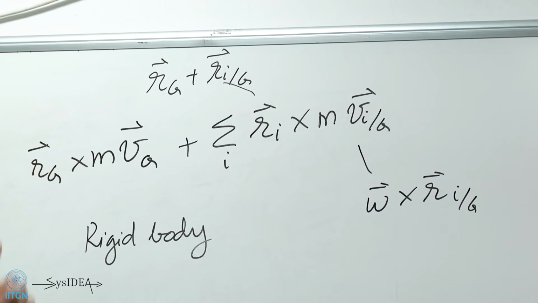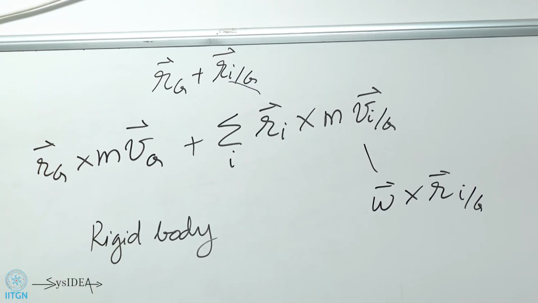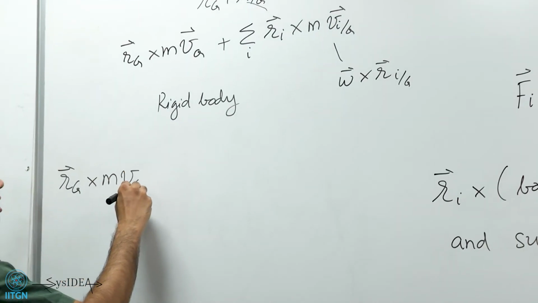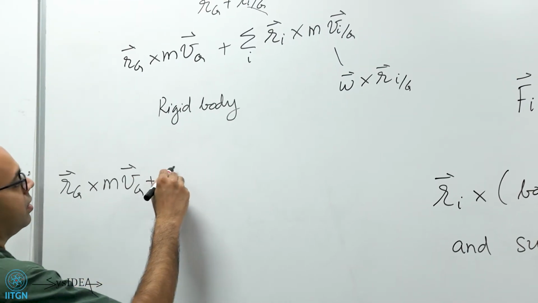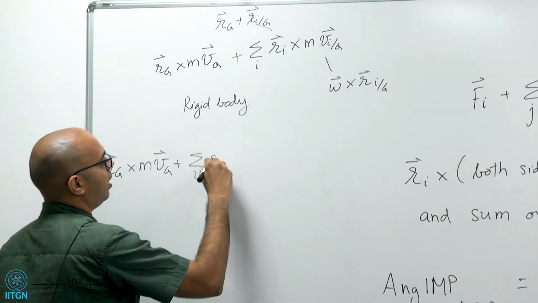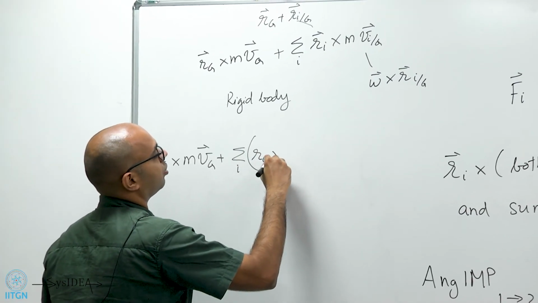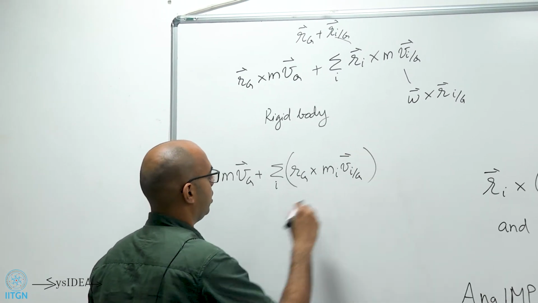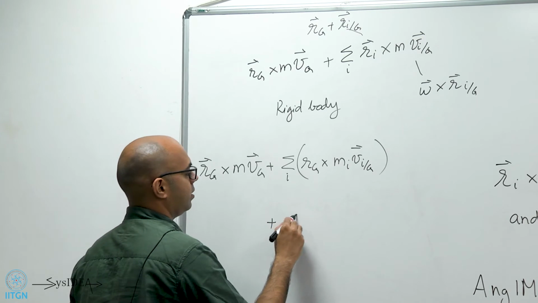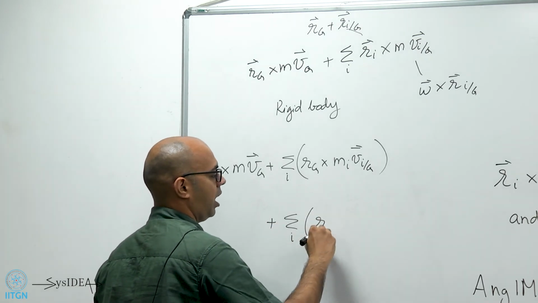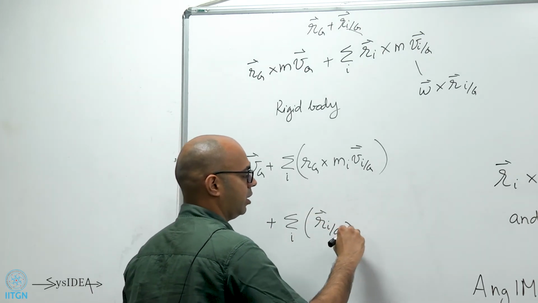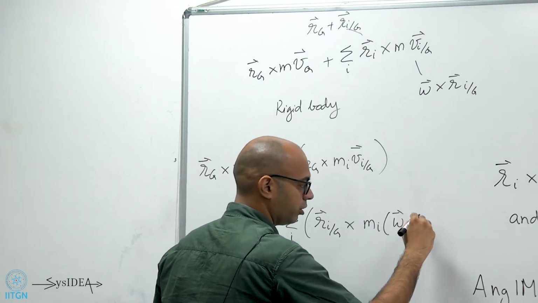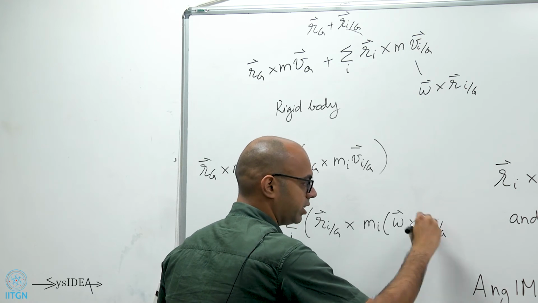Now if I do all of that, this entire term becomes Rg cross with mVg plus sum over i Rg cross with mi Vi/g plus sum over i Ri with respect to g cross with mi omega cross with Ri with respect to g.